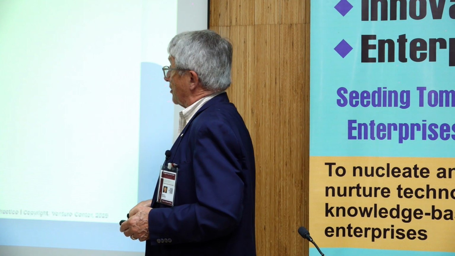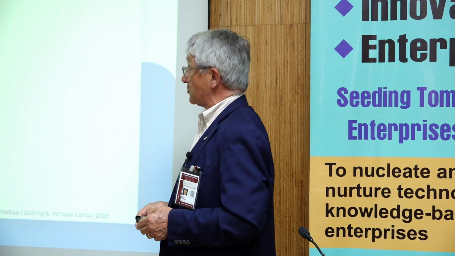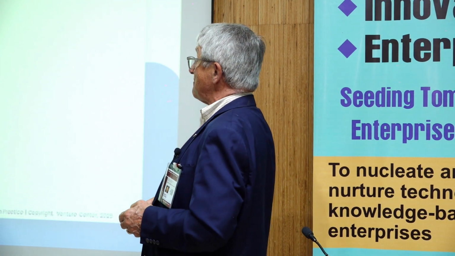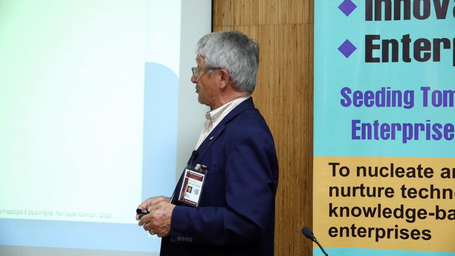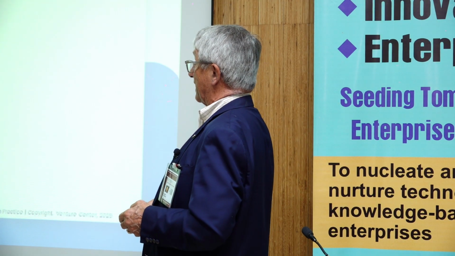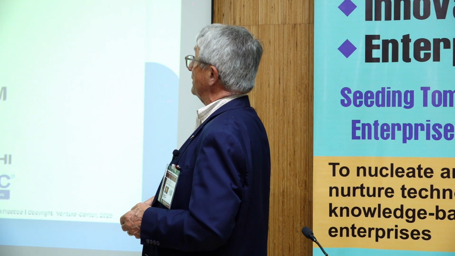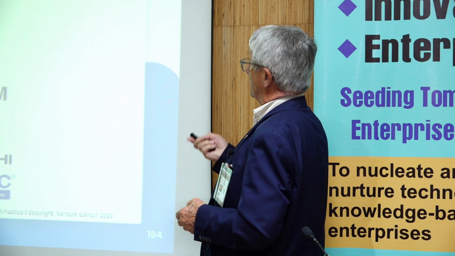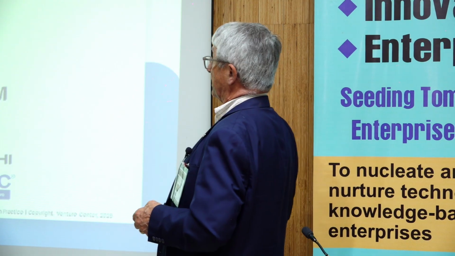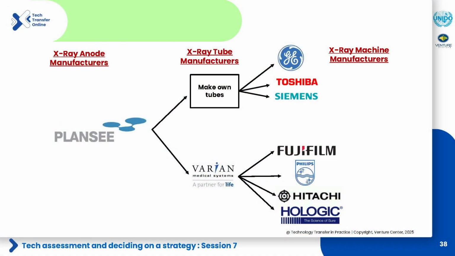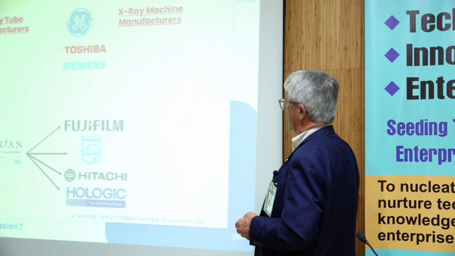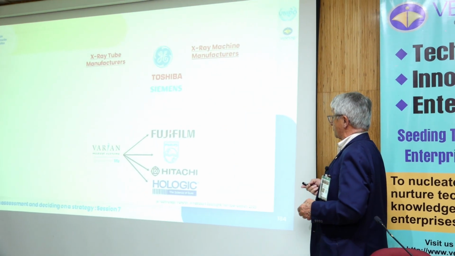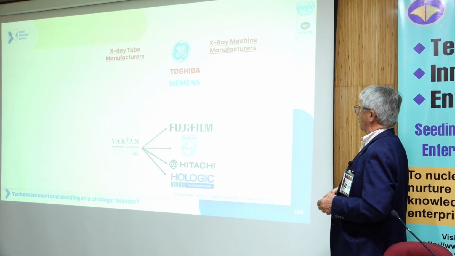What we found was there are only a few manufacturers of X-ray systems. There's only one manufacturer and seller of X-ray tubes, and only one manufacturer of anodes. So these are the X-ray machine manufacturers, big American, European, and Japanese companies. There was one manufacturer of tubes, Varian, an American company, and they sold to Fuji, Philips, Hitachi, and Hologic.